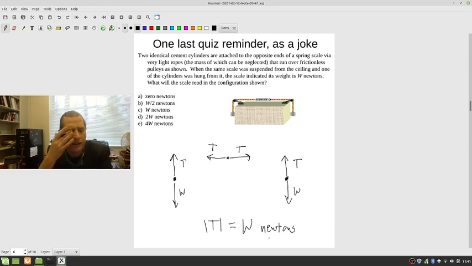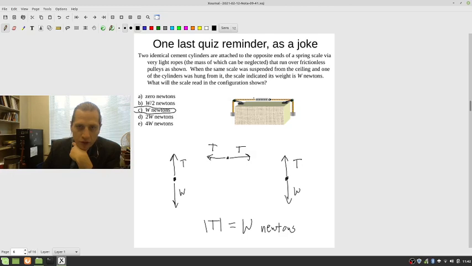Okay, so I mentioned this because this result is a little counterintuitive. I know for my case, when the scale is attached to the wall and you hang something on it, it's not especially surprising that the amount of force would just be the gravitational force on this cylinder.